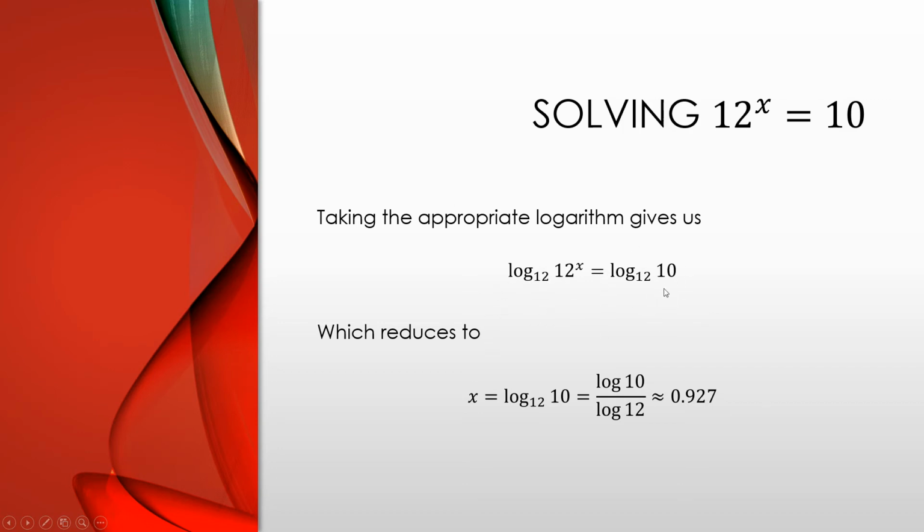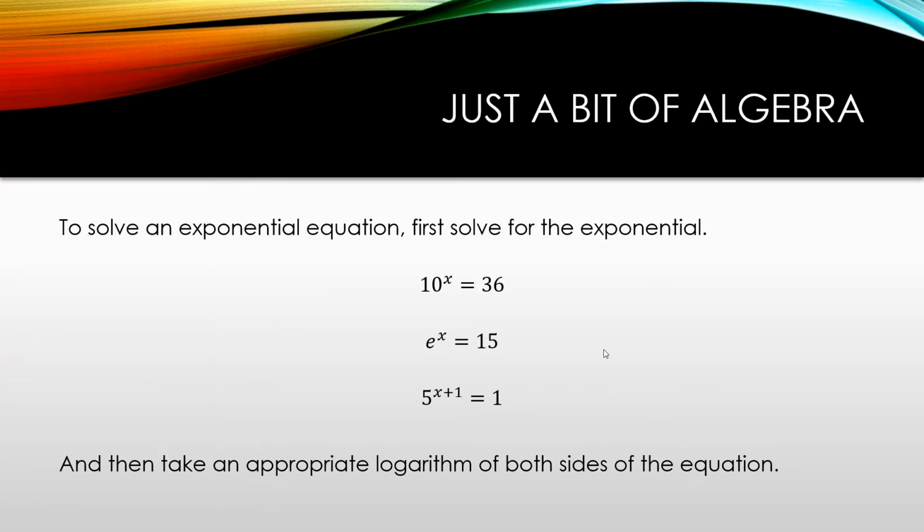So I take the log base 12 of both sides, and I get log base 12 of 12 to the x. That's just x, and that's equal to log base 12 of 10, which, if you remember the change of base formula, and even if you don't, you can look it up, comes out to be about 0.927. Well and good.